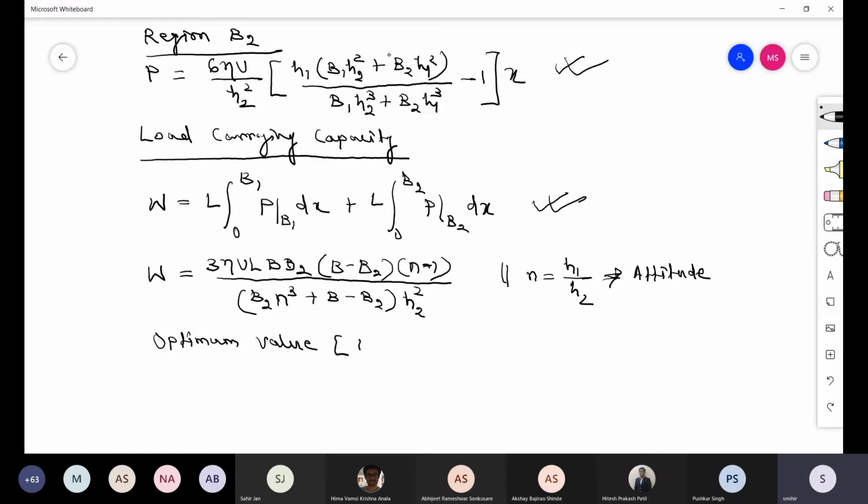you have two variables in hand, B2 and N in the above load carrying capacity equation. Then you differentiate with respect to B2 equal to 0 and dW by dN equal to 0.